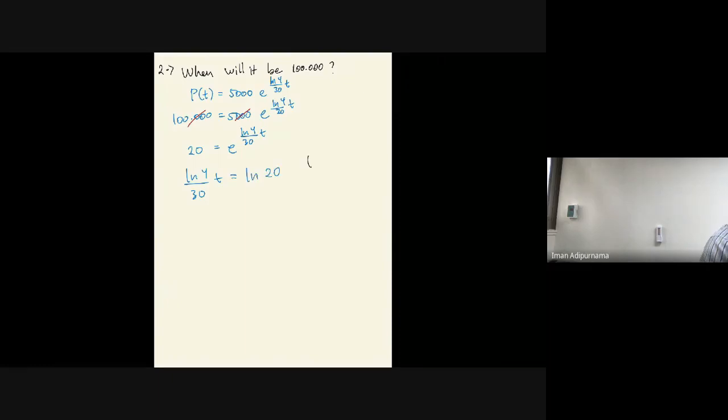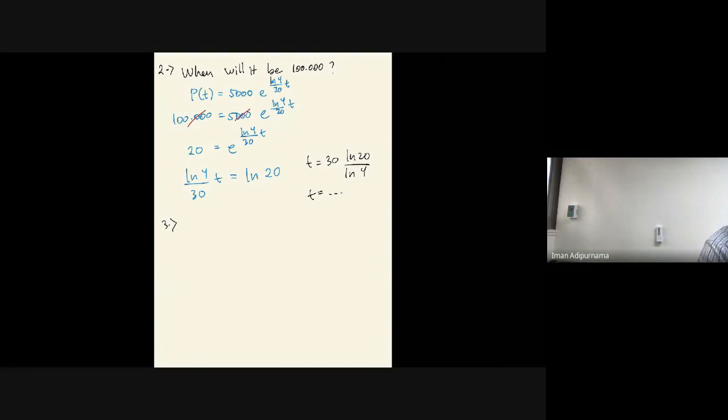So I get t is 30 ln 20 divided by ln 4. You can calculate it if you want, but just leave it like that.